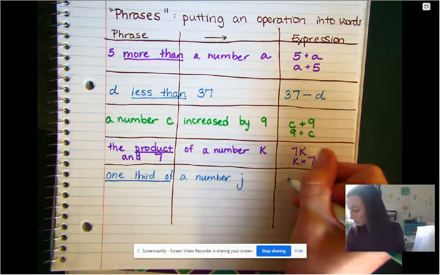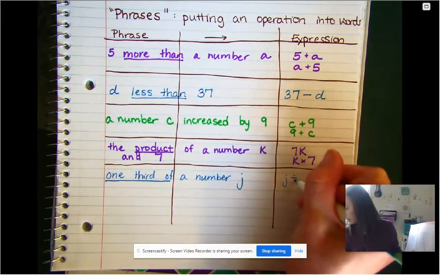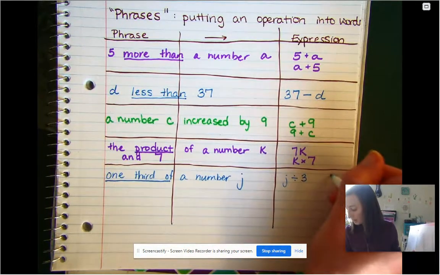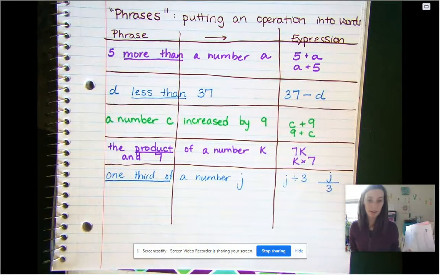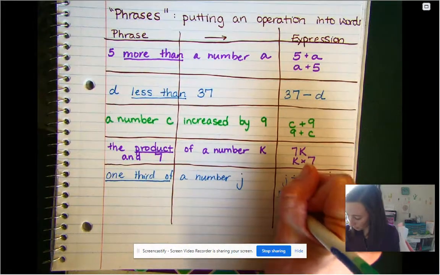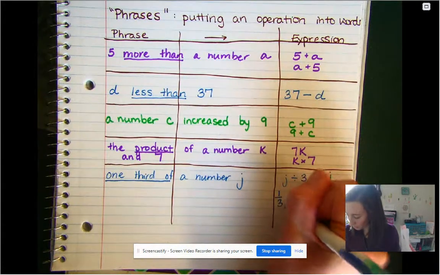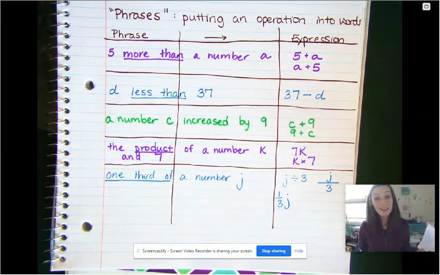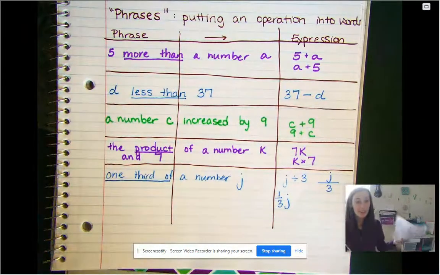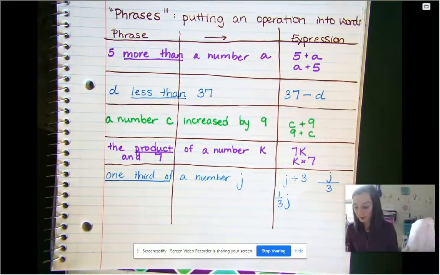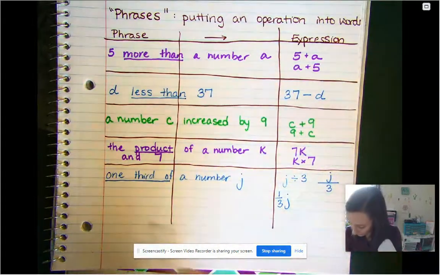So one thing I could do is I could do J divided by 3. And remember that in algebra, we often see the fraction directly on top of each other as a way to do it. But 1/3 of could also be multiplication. 1/3 of J, which goes back to reinforce something we learned in the last unit, that we can either divide by a number or multiply by its reciprocal.